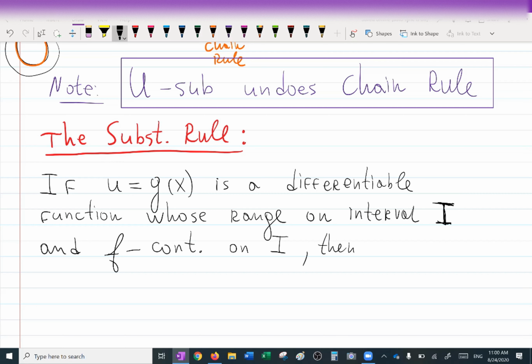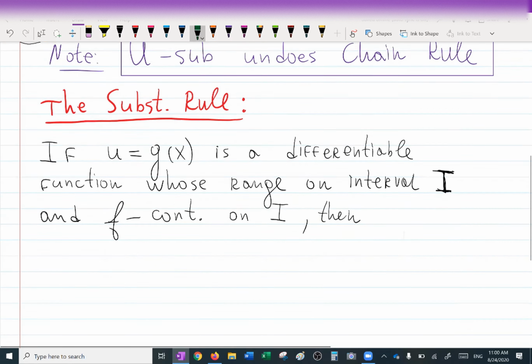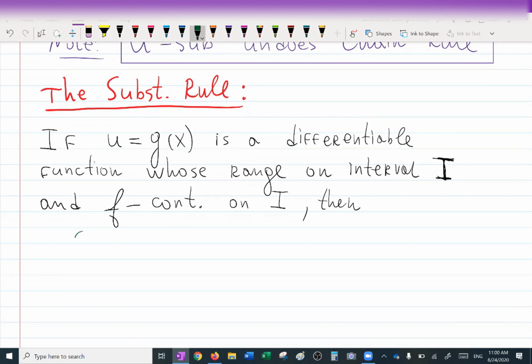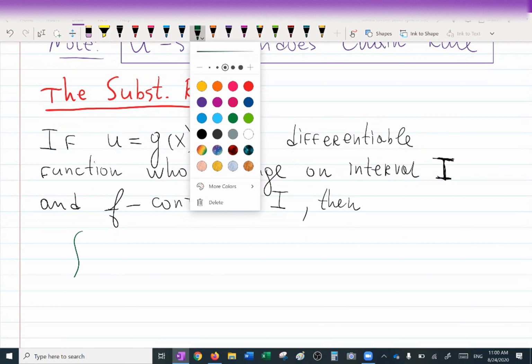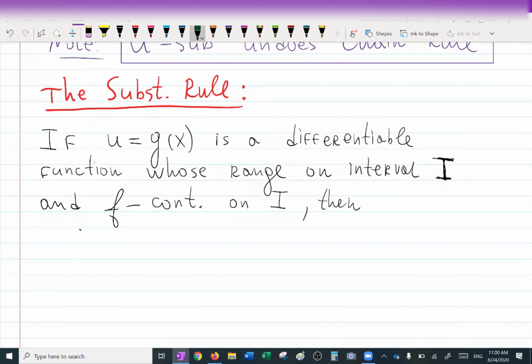Then, now use green color, the integral. Integral of f, so f is my outside function in the Russian doll, if you think about it. g of x, that's going to be my u substitution.